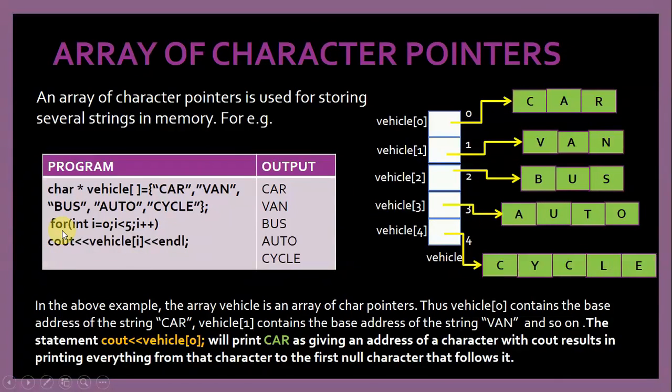So when we use a loop for int i equal to 0, i less than 5, i plus plus, if I say cout vehicle i, so initially i is 0, so it will display vehicle 0. The vehicle 0 element of the array contains the beginning address of the string car, so when we say cout vehicle 0, it will print car, as giving an address of a character with cout results in printing everything till the first null character is encountered.